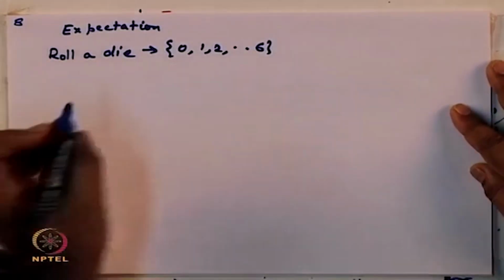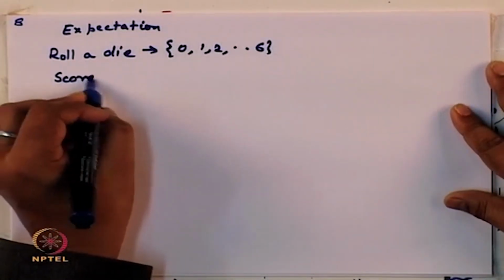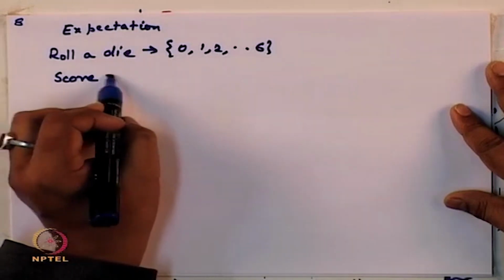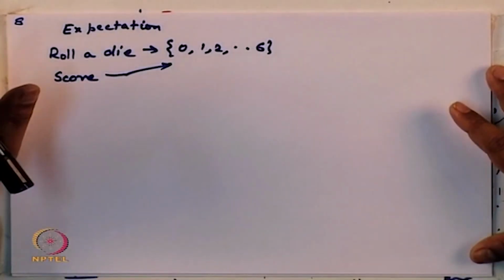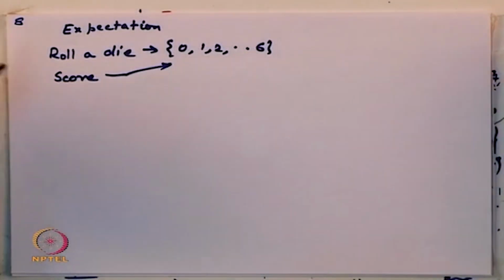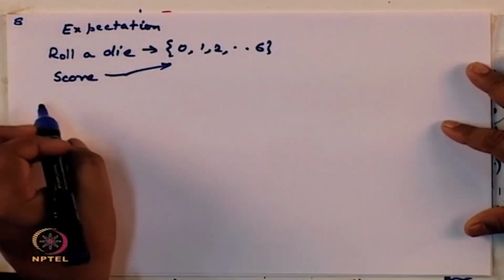Let us say your score is equal to whatever value you get. Roll of a die gives you the score. And you are asked to compute on an average how much you expect to score. And that brings us to the concept of expectation.